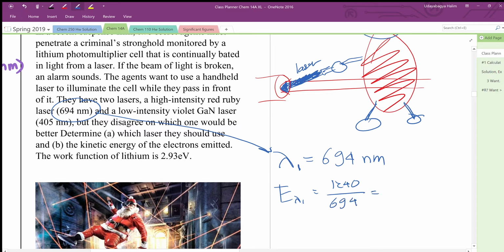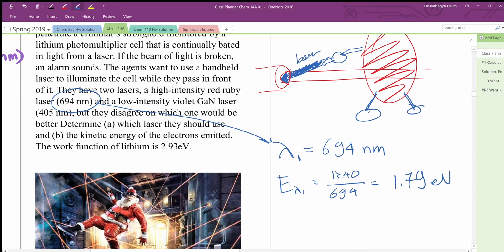It's going to be 1.79 electron volts. Whereas your second wavelength is 405 nanometers.